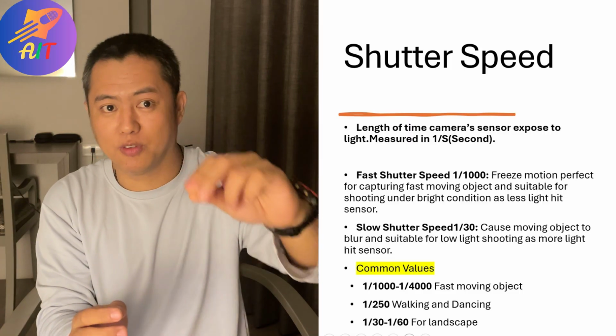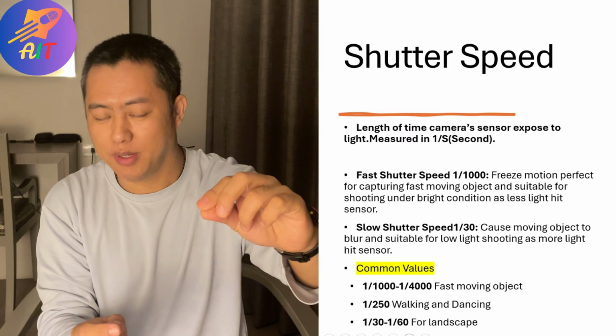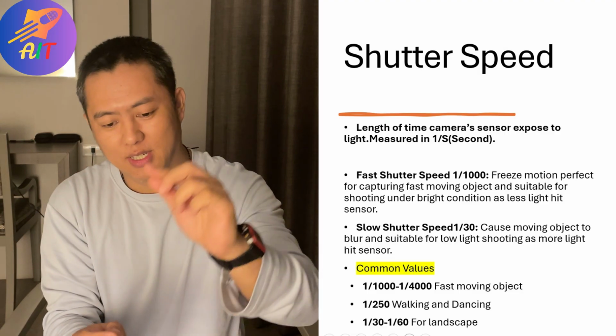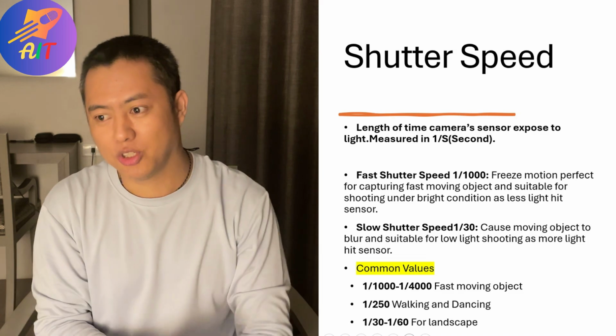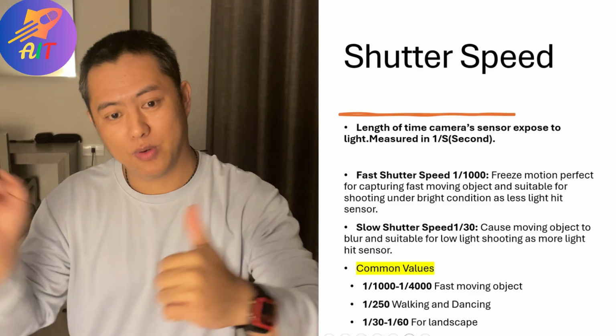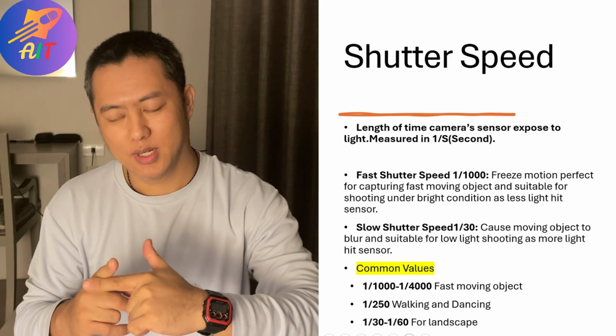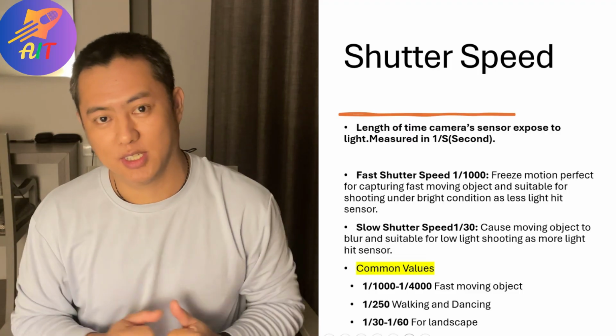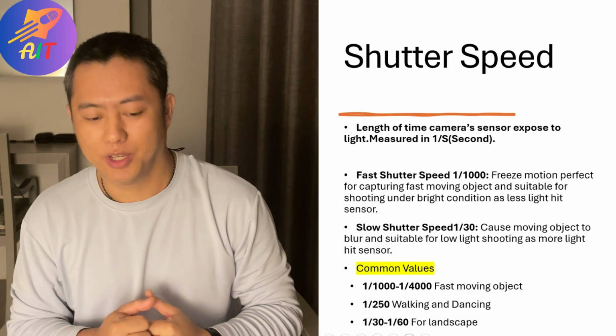In that case, we're going to use the faster shutter speed. A slower shutter speed is very good for shooting under low light conditions. So with the X4, we're going to test shutter speeds of 1 over 30, 1 over 60 and 1 over 50, and see how our footage looks.